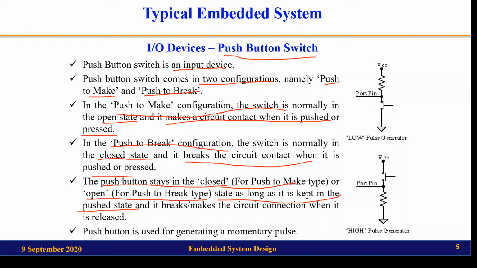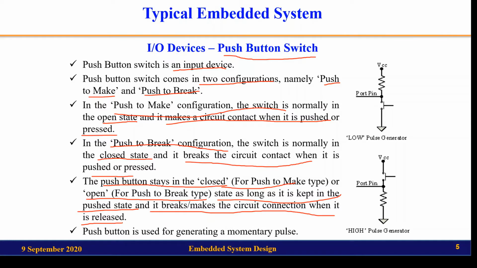It means whenever we push it, for push to make it will be in the closed position, and in push to break, when we push it, it forms the open. And it breaks or makes the circuit connection when it is released. That is what we have discussed, push to make and push to break.